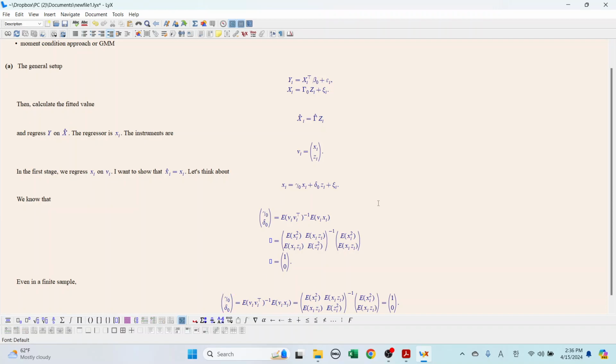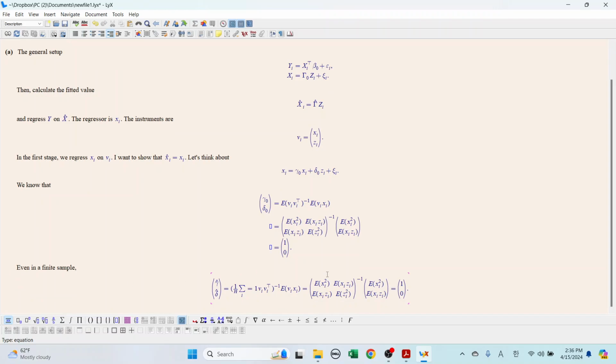Not the true value, but your estimators hat gamma and hat delta will be not just expectations, but we replace the population expectation with the sample average, and the inverse goes the same way.